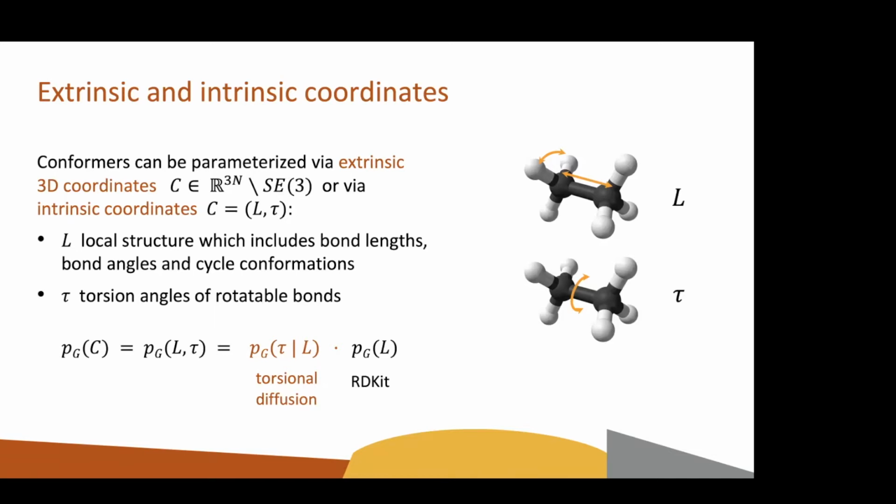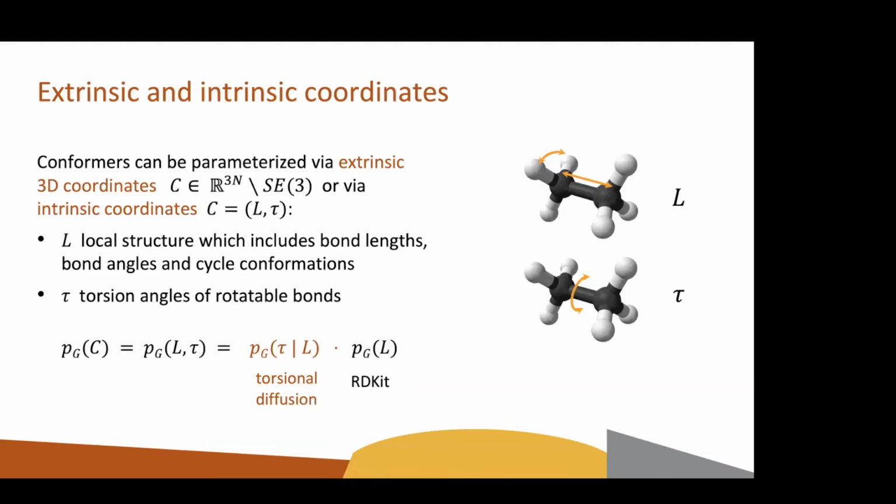And so for torsional diffusion, we take an alternate approach of viewing a conformer in terms of its intrinsic coordinates, as a tuple of the local structures L and the torsion angles tau. To give a bit more detail, the local structures L include the degrees of freedom that correspond to bond lengths, bond angles, and the conformations of cycles, including the torsion angles within cycles.